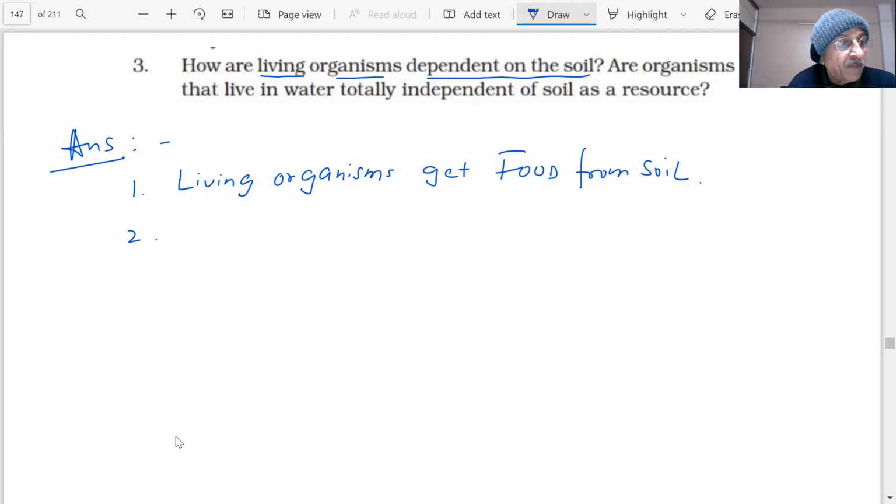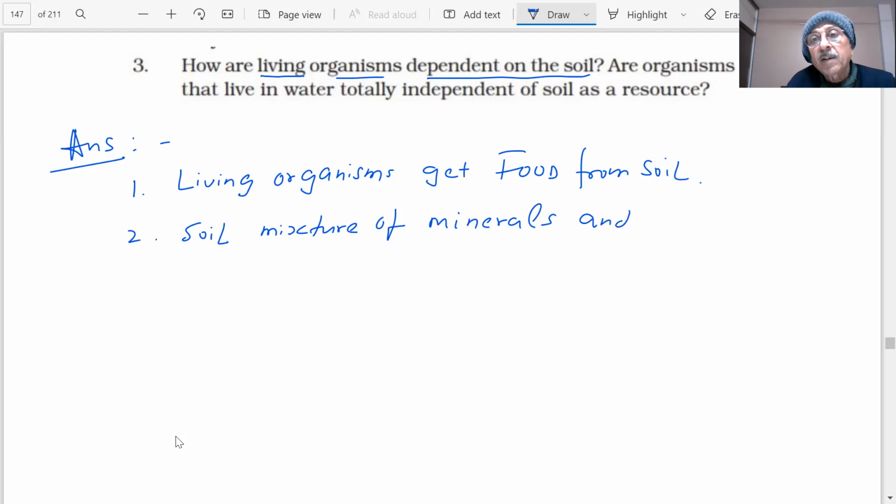And the soil, what is the soil? Soil is a mixture of minerals and contains living organisms. There are living organisms in the soil.